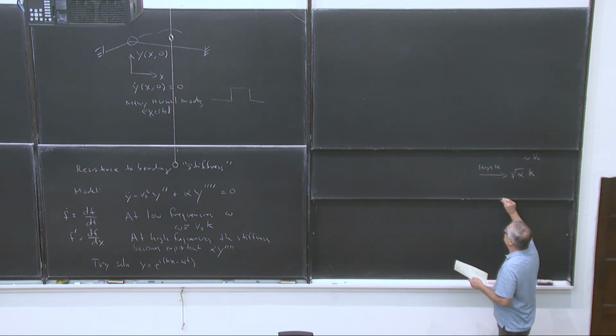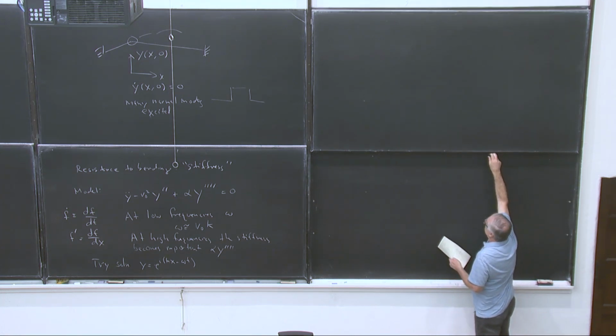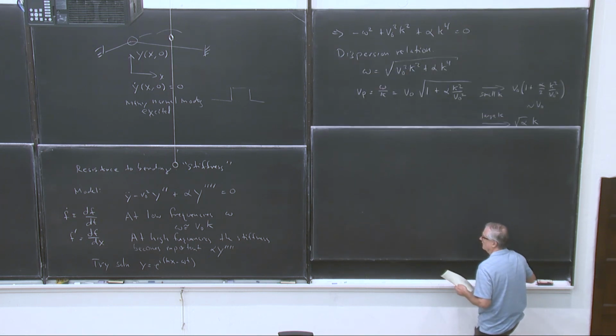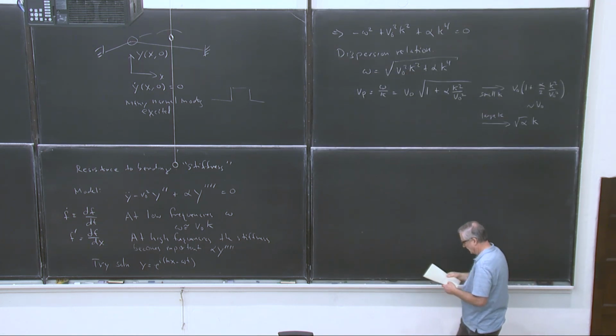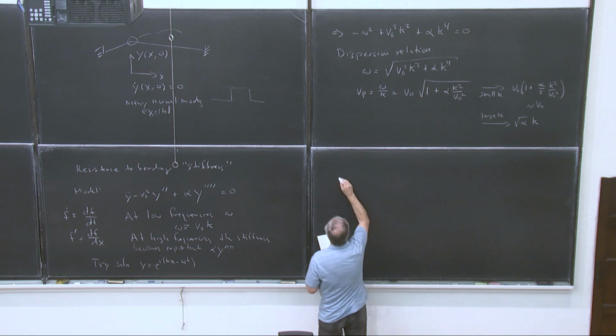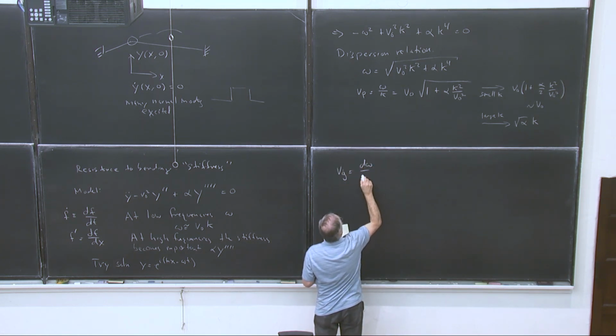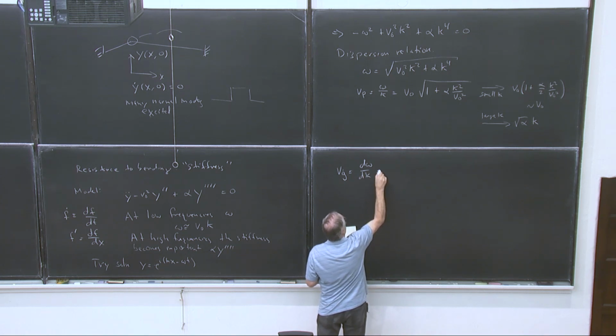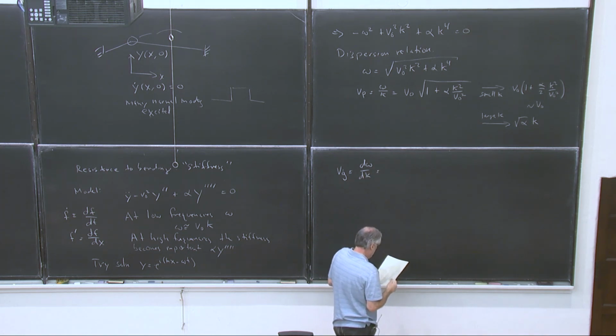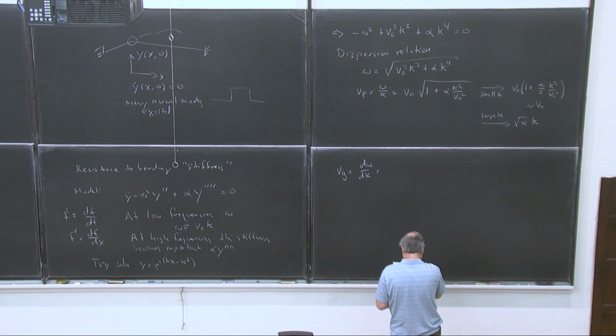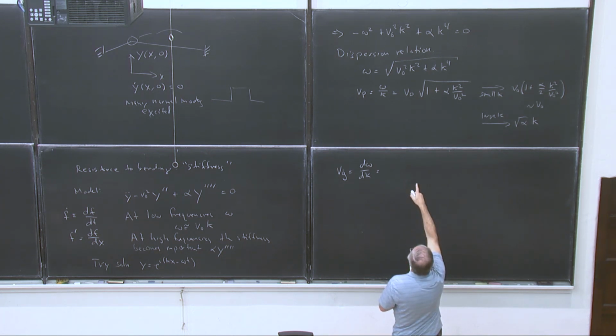So v group is d omega by dk. So I take that expression up there, take its derivative.